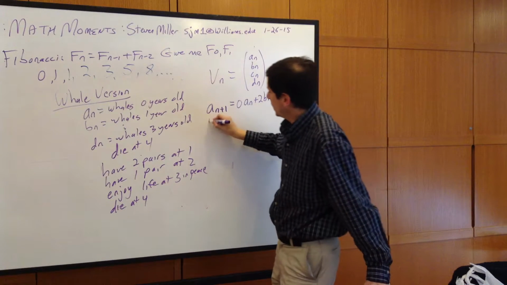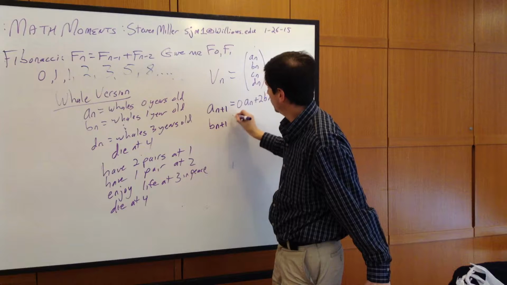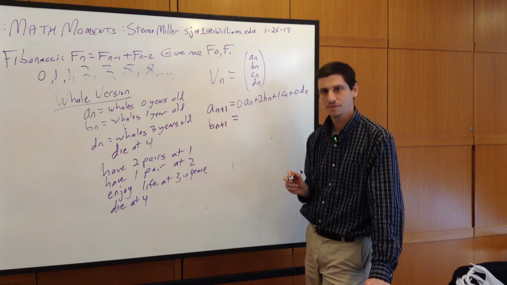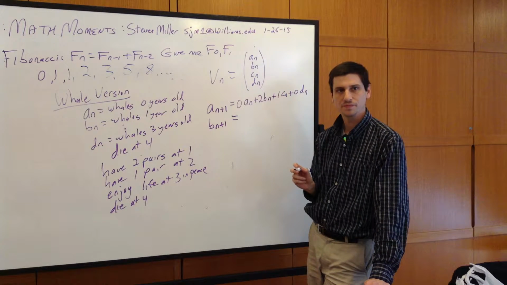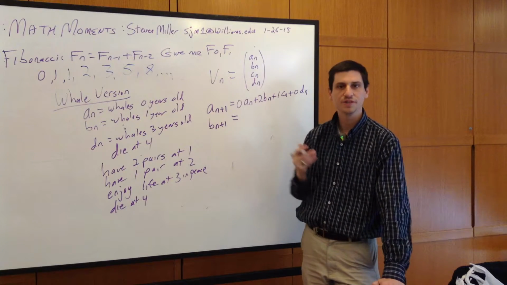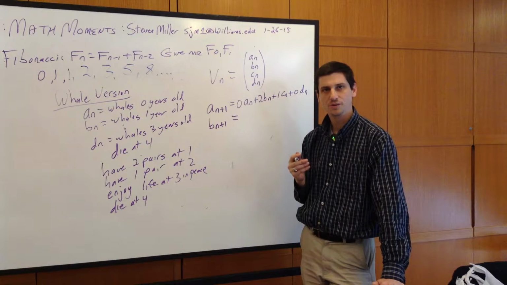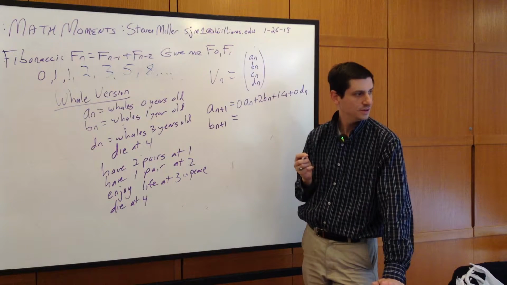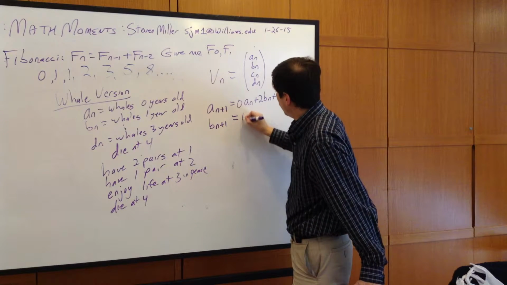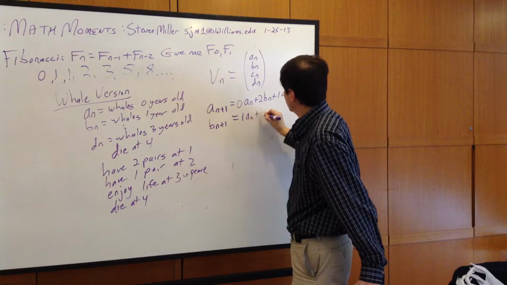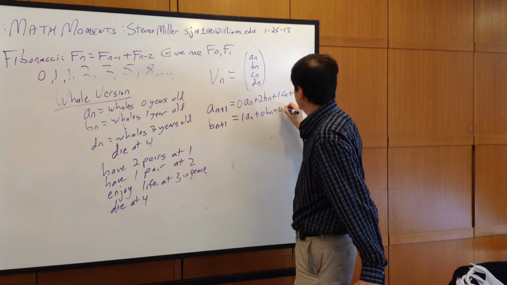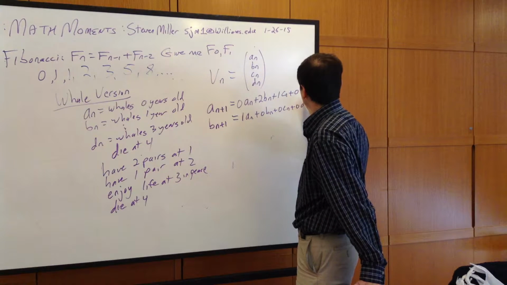How many whales do I have in year n plus 1 that are 1 year old, in terms of how many whales I had the previous stage? It's just An. It's 1 An plus 0 Bn plus 0 Cn plus 0 Dn.